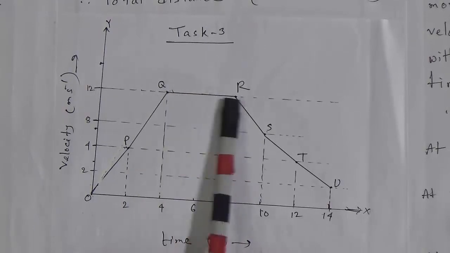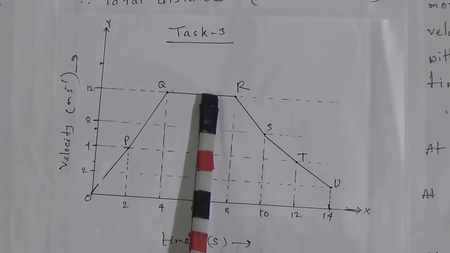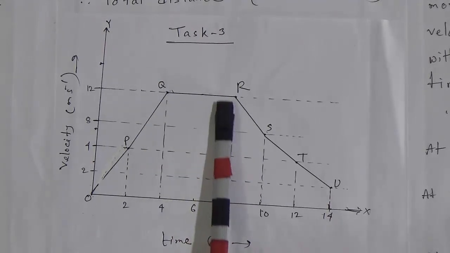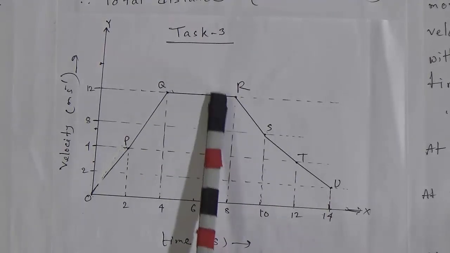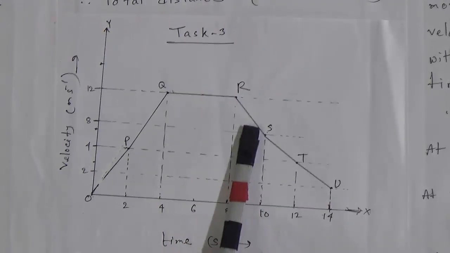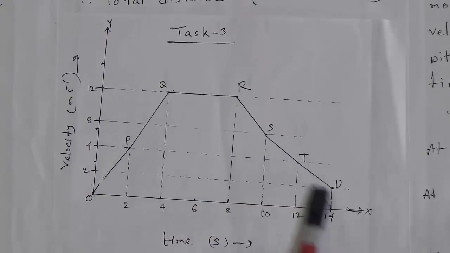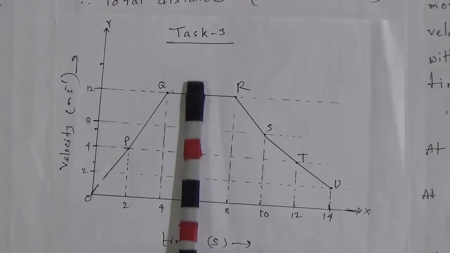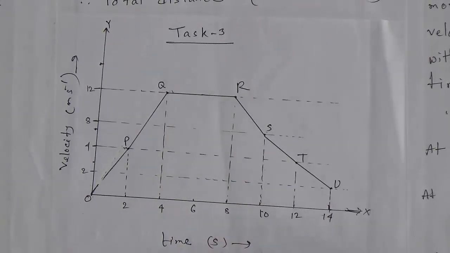So it is uniform velocity, that means acceleration is 0. After this, at the RS point, we can see from this graph that deceleration occurs, and ST also deceleration, TU also deceleration. So you have to find all of these points of acceleration and deceleration.